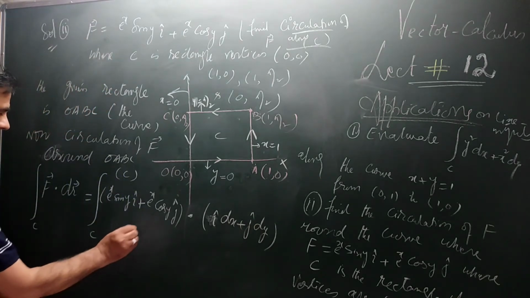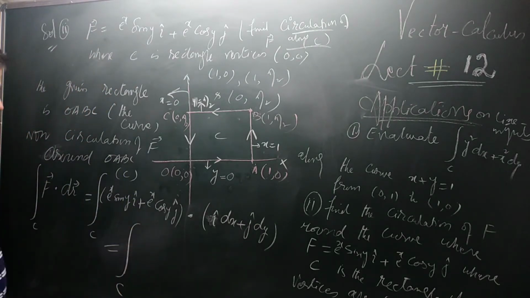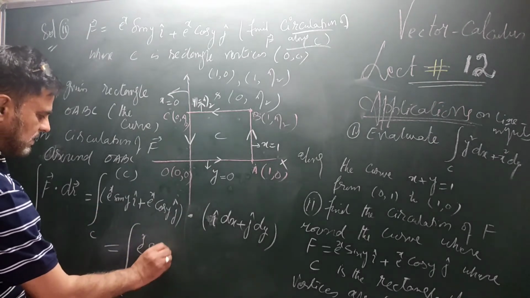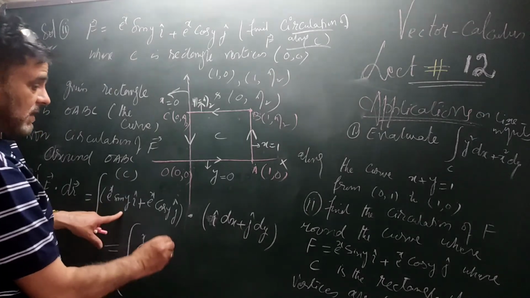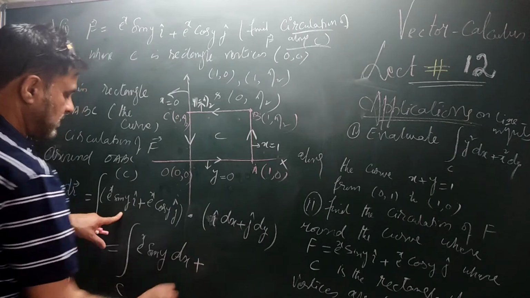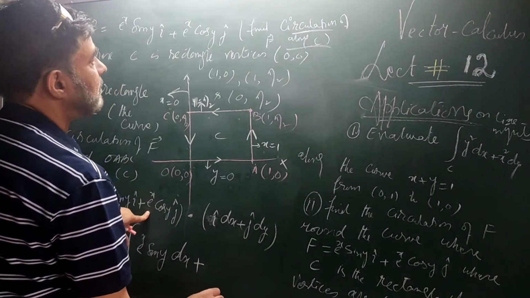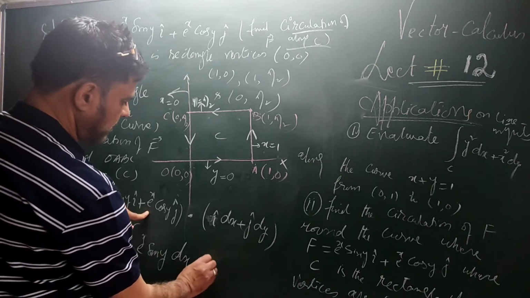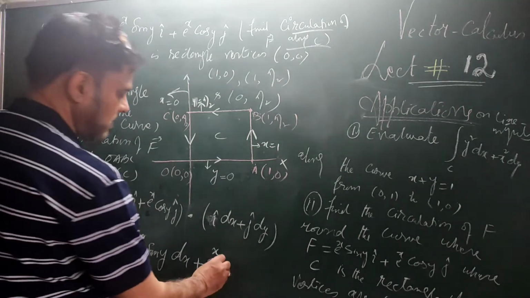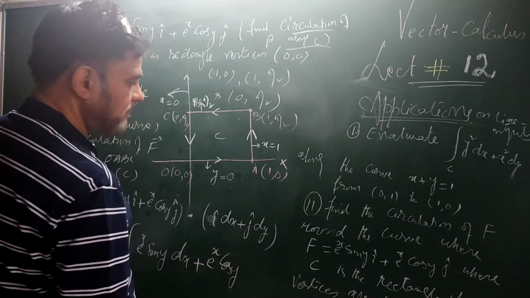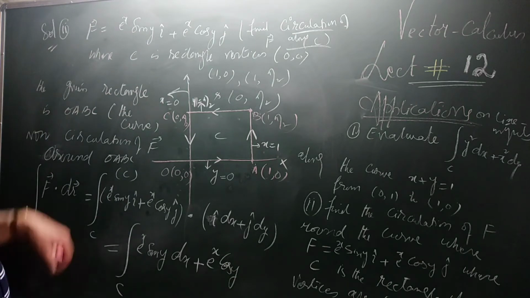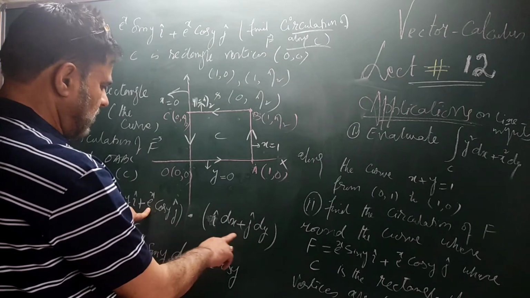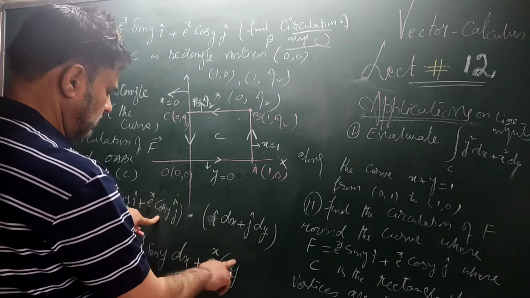This gives you, over the curve C, e raised to power x sin y dx plus e raised to power x cos y dy.